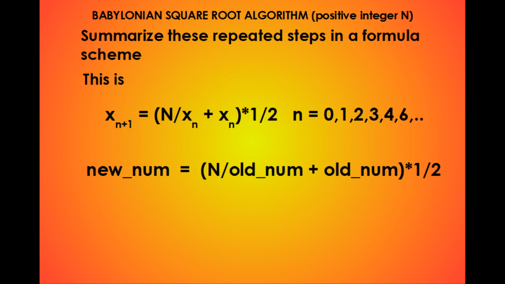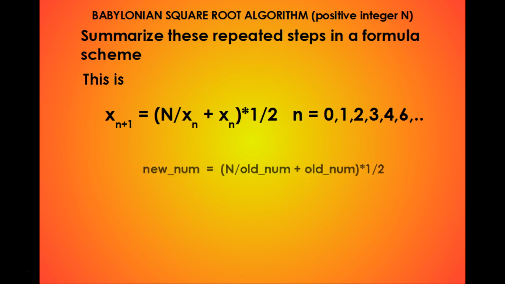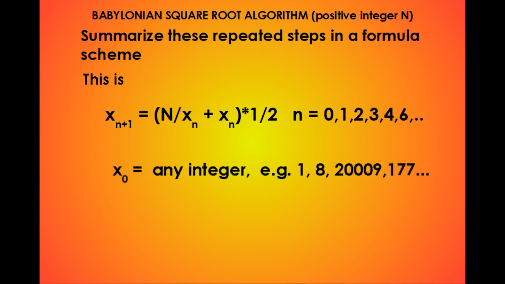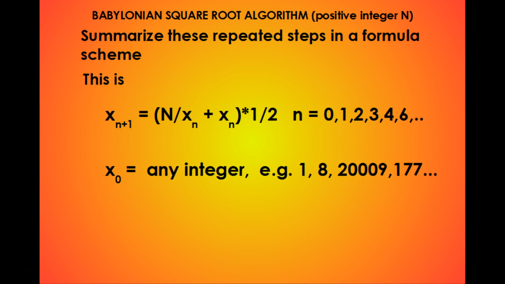That's one way to look at this formula scheme. And the number of steps chosen depends on how many digits, places of accuracy are required. And x0 is any integer. And this is an example of an iteration formula.